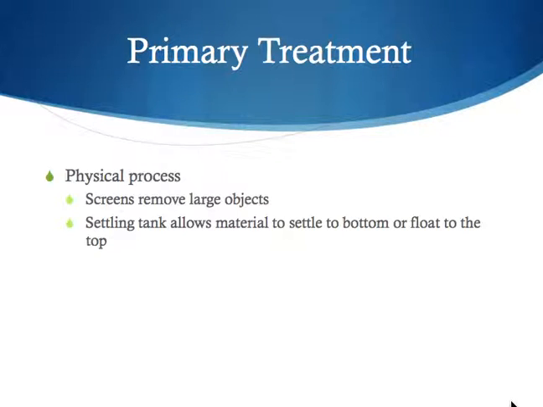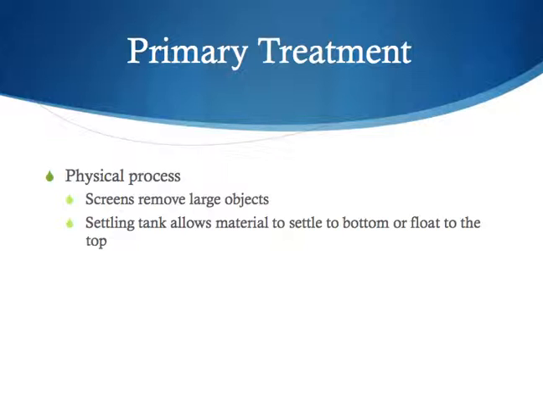We're going to have a screen that, as effluent comes into the wastewater treatment plant, removes large objects from that stream. There's a settling tank that's going to allow material to settle to the bottom. So our grit, often called a grit chamber, is going to settle there.